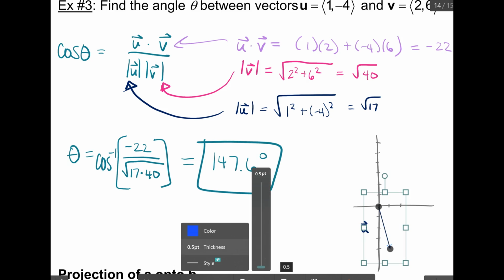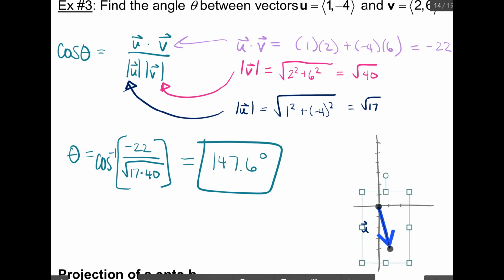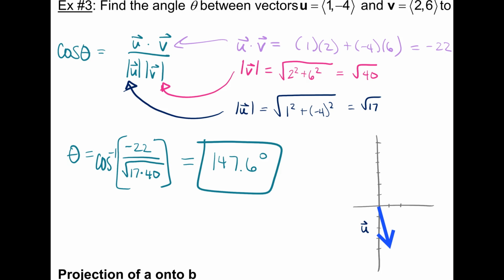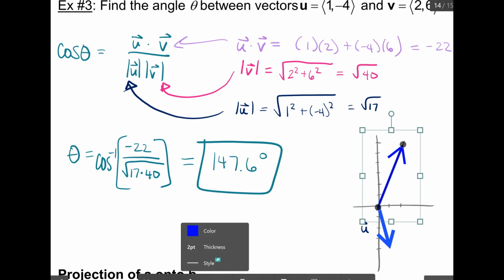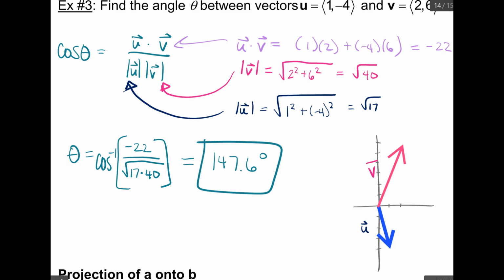Vector v goes 6 up, because it has 6 in the y direction and 2 in the x, so it goes somewhere like that.